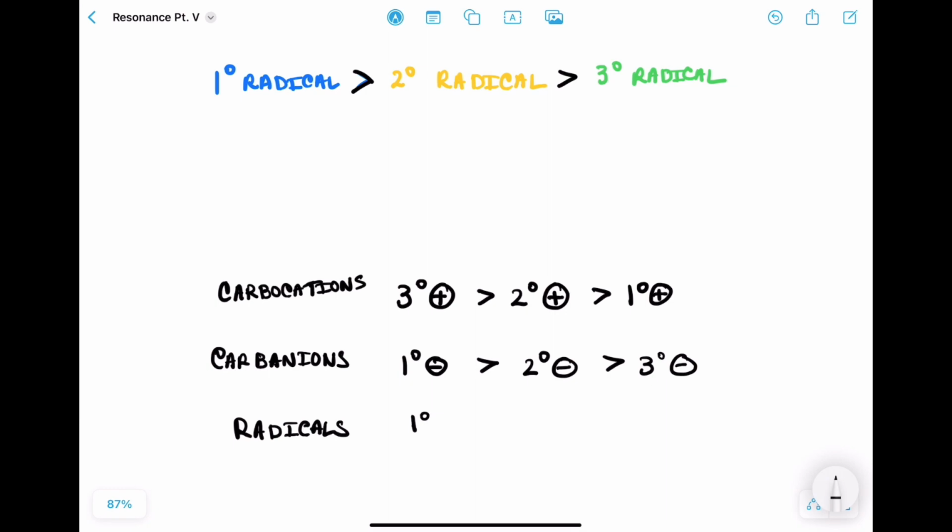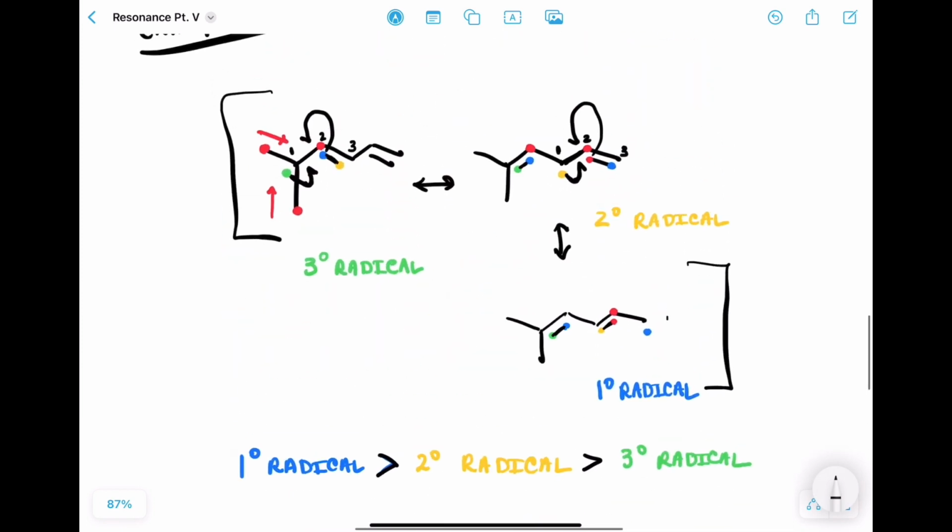We have a primary radical is more stable than a secondary radical, which is more stable than a tertiary radical. Right? And so by that logic, we're going to figure out which one is the major structure.